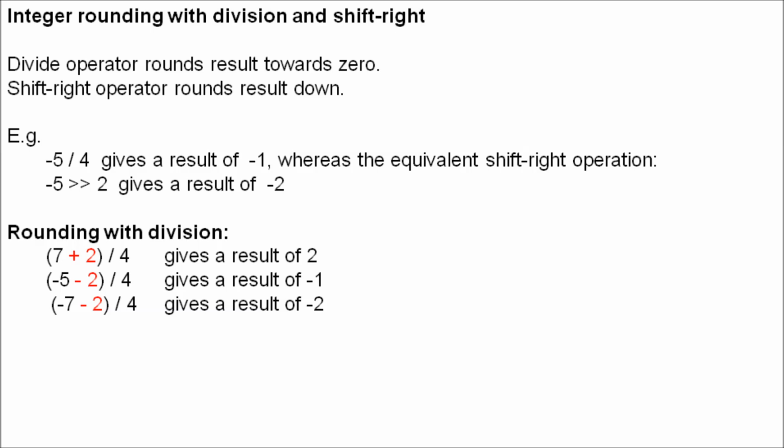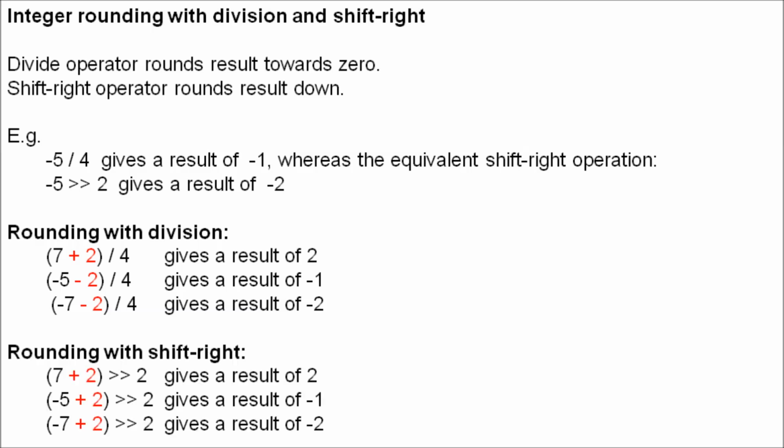So if we want the result to be rounded to the nearest integer, then with the divide operation we had to increase the absolute value of the numerator by half the denominator value. Whereas with the shift right operator we always add half the denominator to the numerator value.